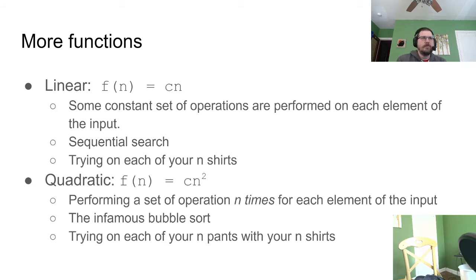Then there's linear time, which means that you're going to do a fixed number of operations for each input. So say I have 100 items, if I do 3 operations to each of the 100 items, that's linear time. Even though it's 3 operations, it's a fixed number. So I do 3 operations to the first one, 3 to the second, 3 to the third, all the way up to the nth.